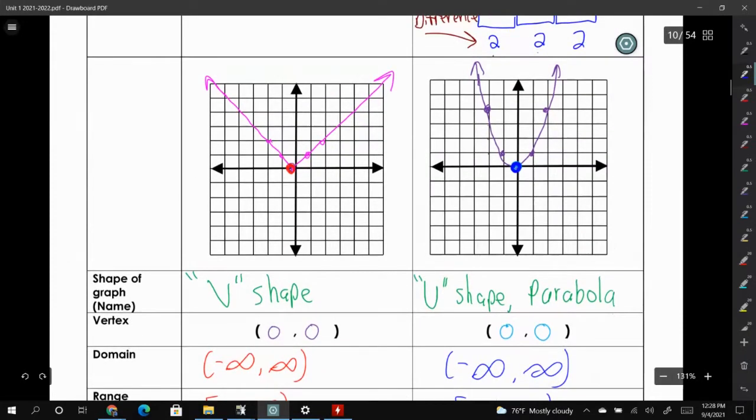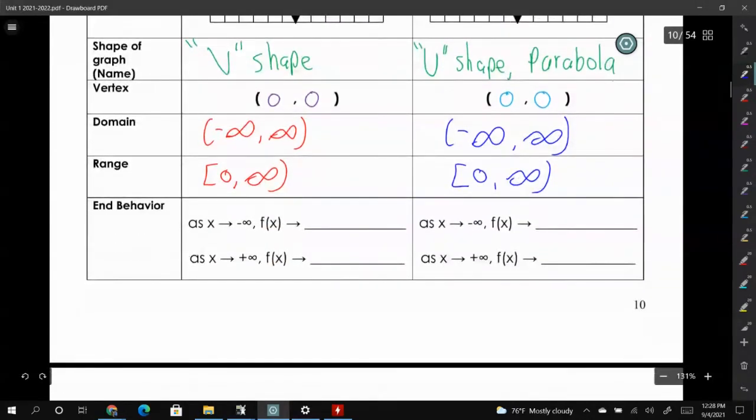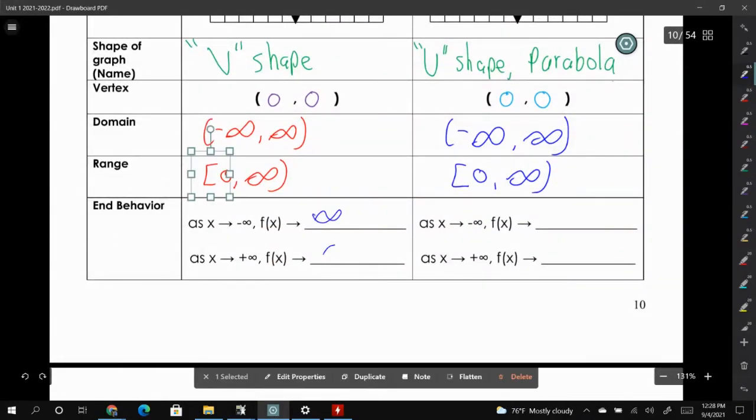End behavior. Look at both of these graphs, the ends go in the same direction. For the left side, in the absolute value function, the y values are increasing. The same thing is happening with my quadratic function. The right side is going up, the right side is going up. It doesn't matter if the ends are going up faster, it just matters that they are going up towards infinity. So both ends here are going towards infinity.